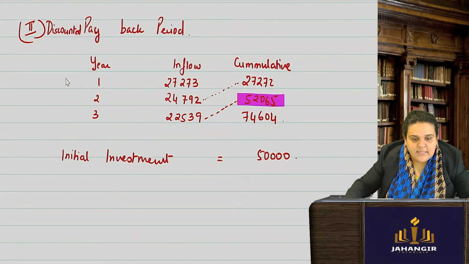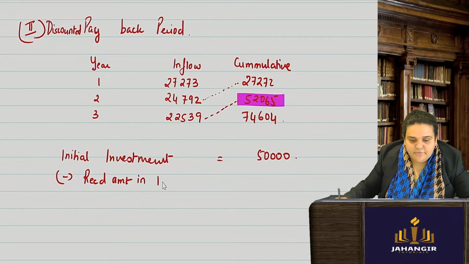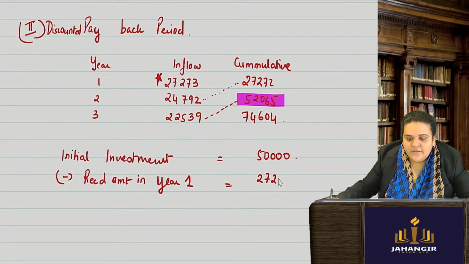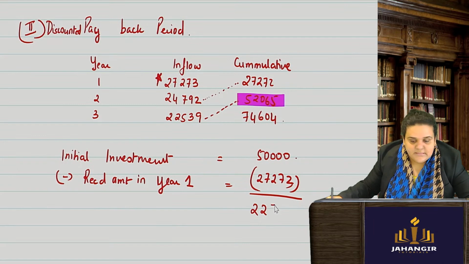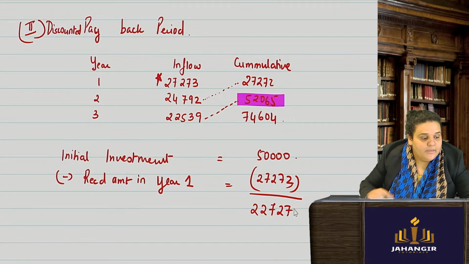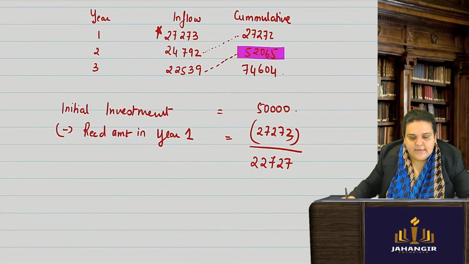That means in the first year, I have received an amount. In first year, year 1. Take this amount, 27,273. So now I am left with 22,727 to be received, balance in the second year.